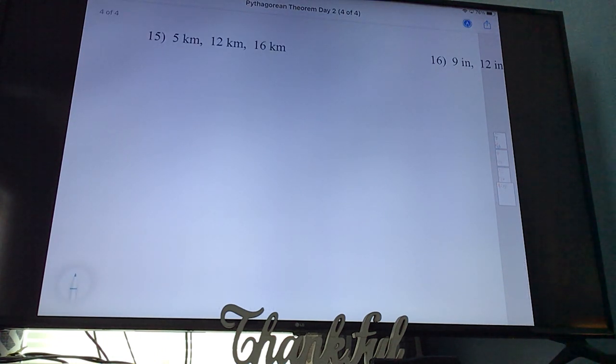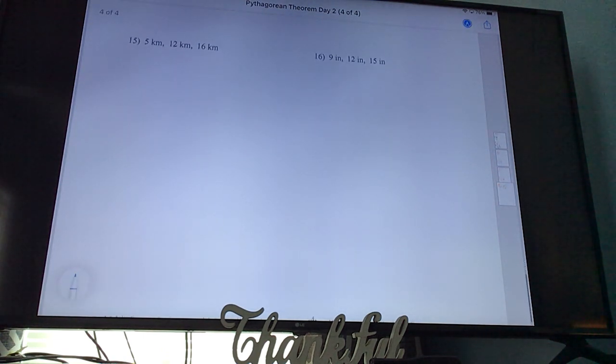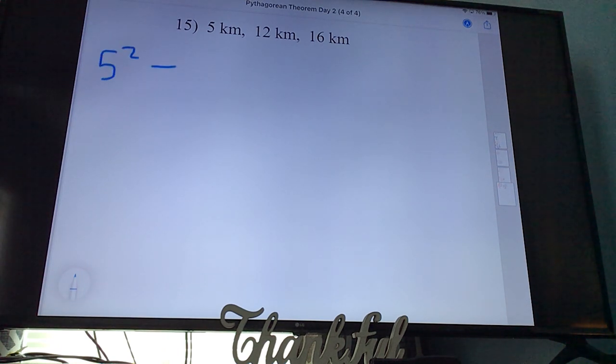And then last one. So 15. I think it's the last one. I don't really know. Yeah, it is. Okay, 15. We got 5, 12, and 16. What's going to be our c? Yeah, it's going to be 16. So you're going to have 5 squared plus 12 squared equals 16 squared.